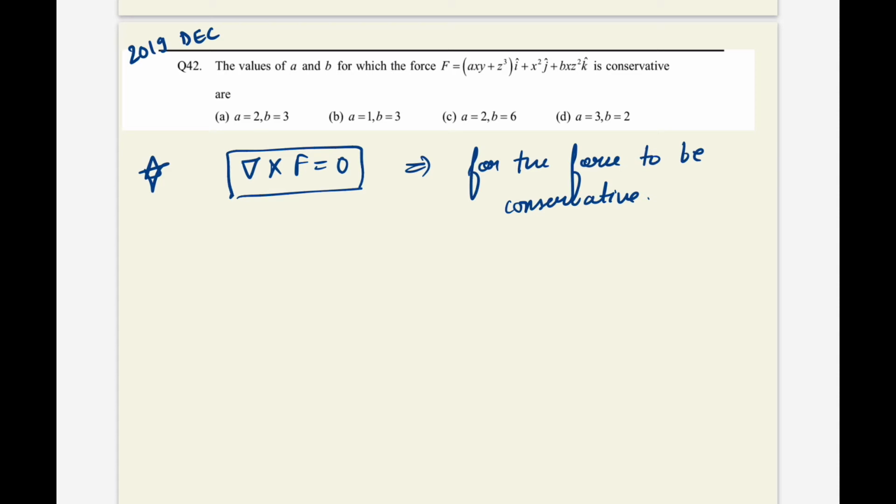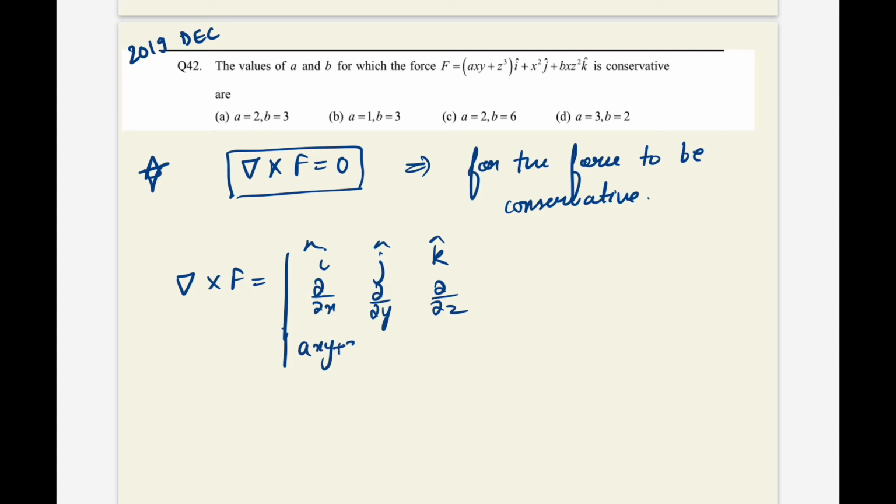We will have curl of F equals the determinant with i, j, k, del by del x, del by del y, del by del z, and the components axy plus z cube, x square, bxz square.